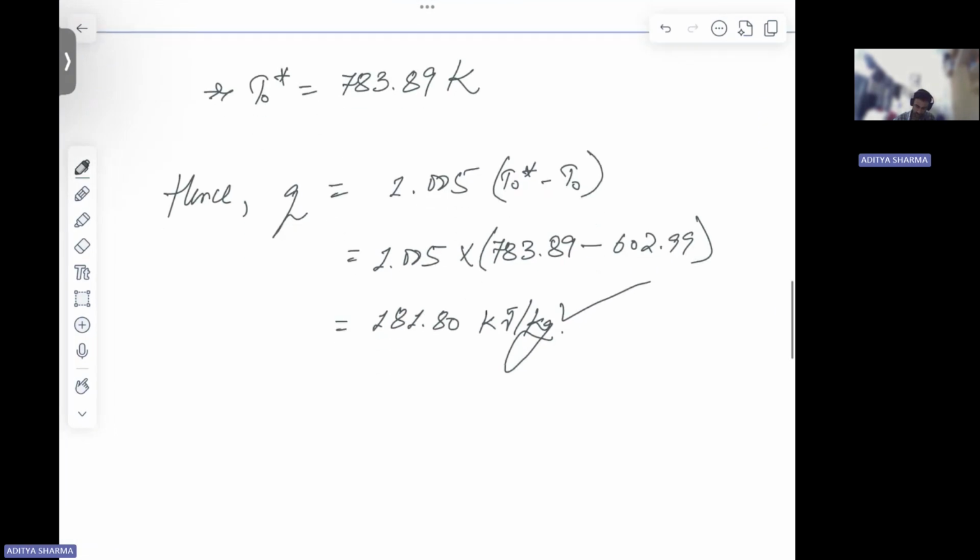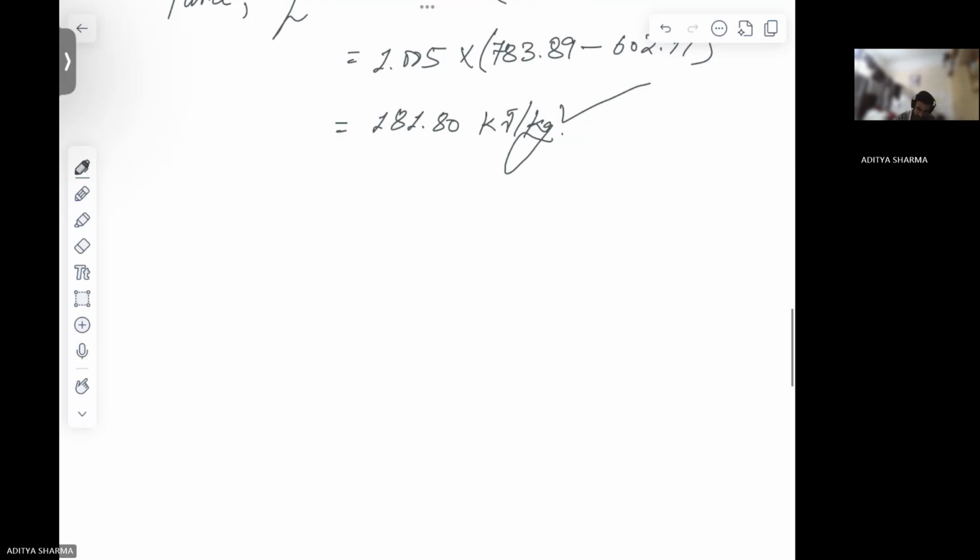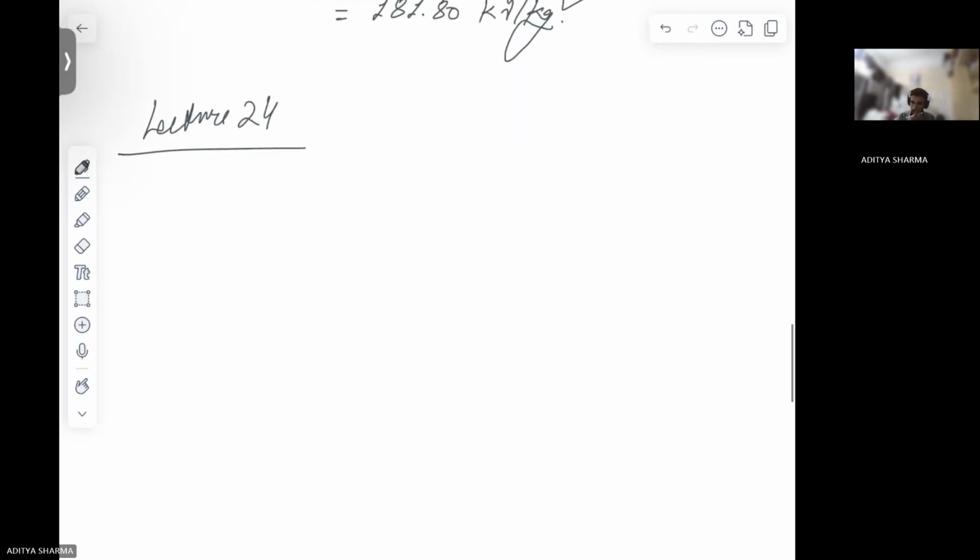So this has been shown this way. This has been shown by means of a pipe, tilted pipe.